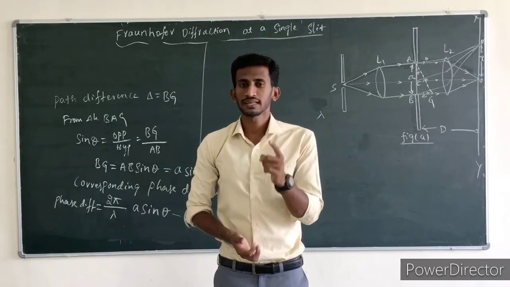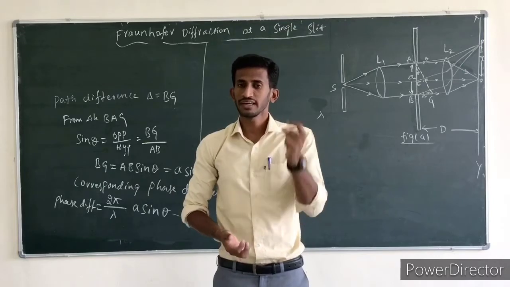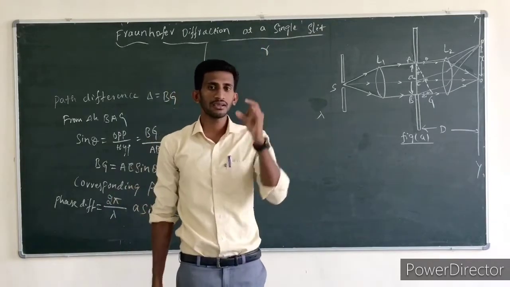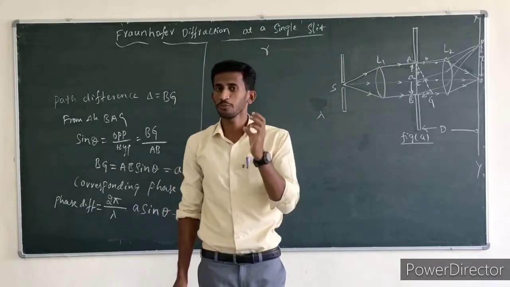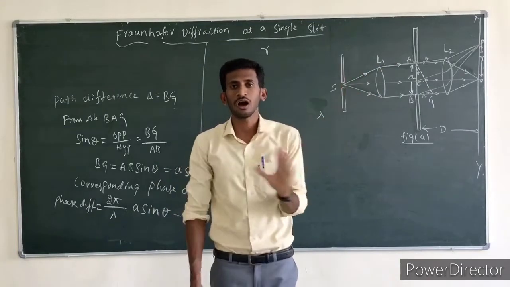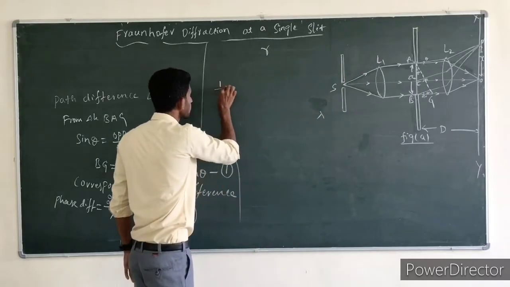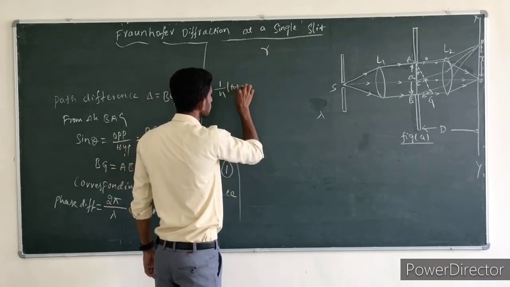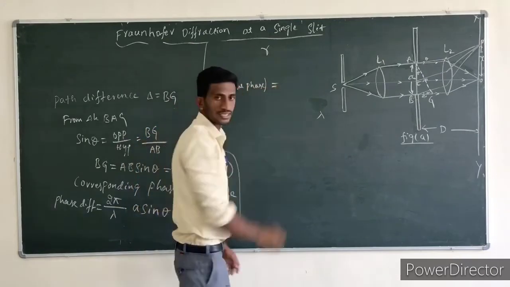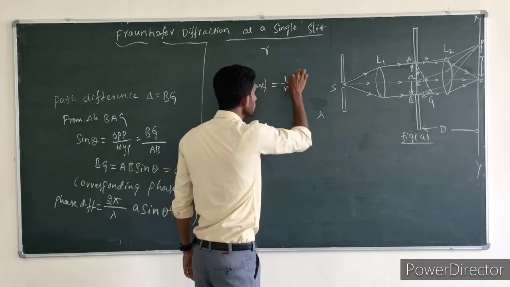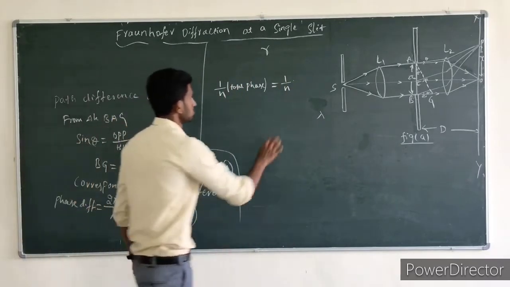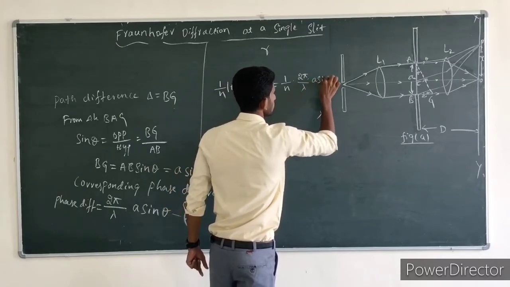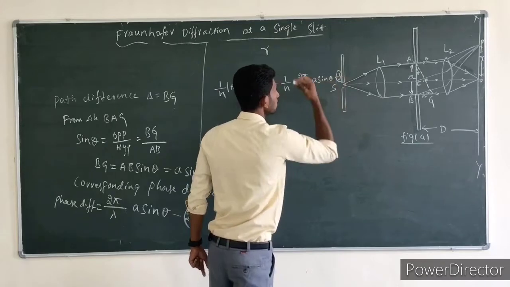The amplitude of each part is R. I am dividing the slit AB into n number of parts, and each part has an amplitude R. In that case, the total phase is equal to 1 by n into this phase difference, 2 pi by lambda into a sin theta. I will call this equation number 3.